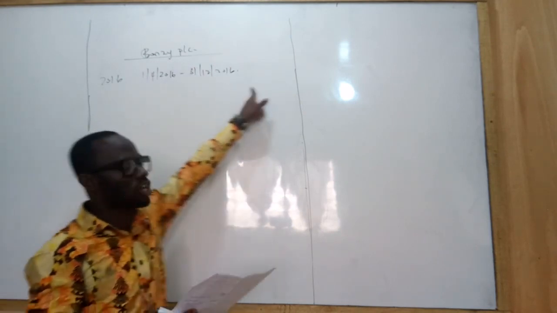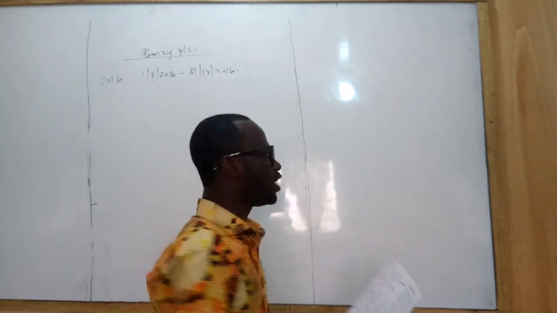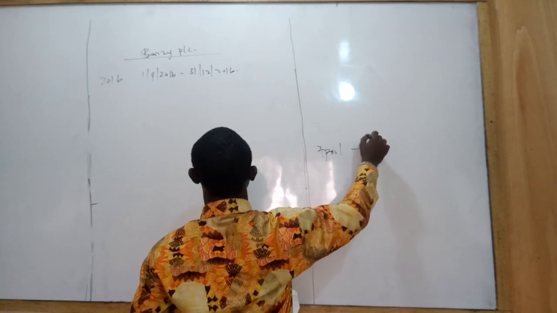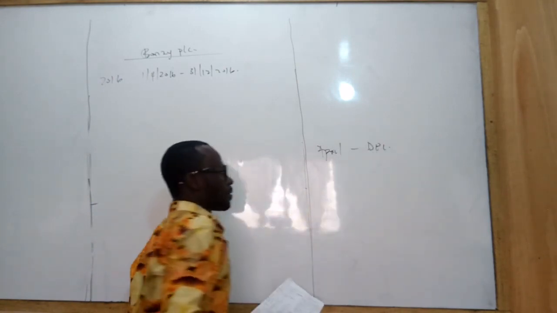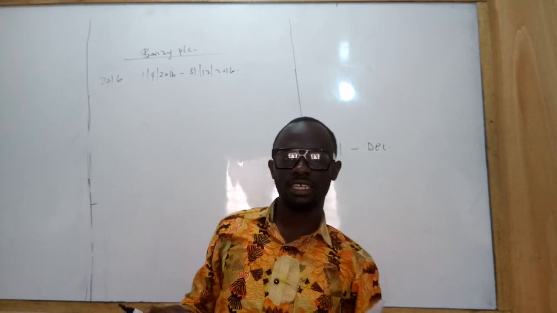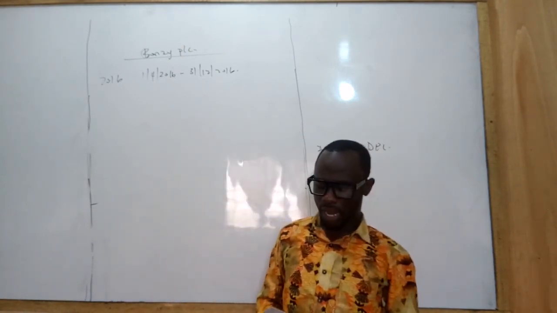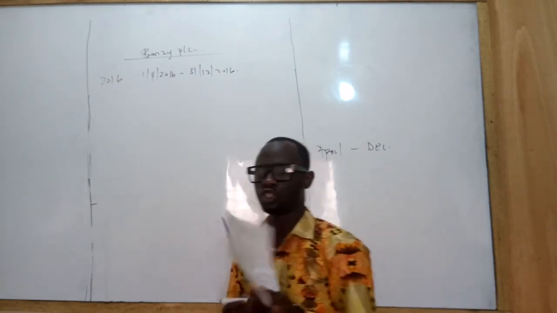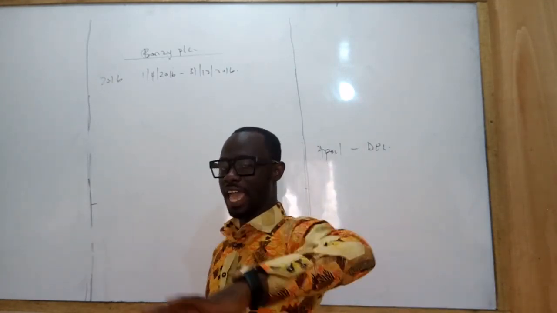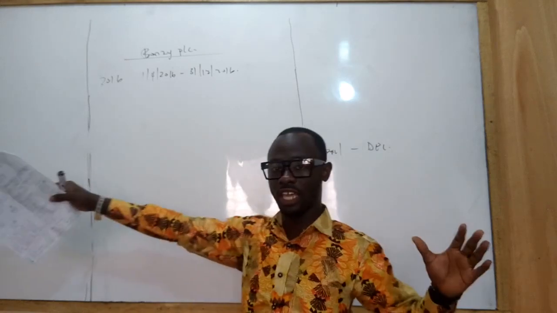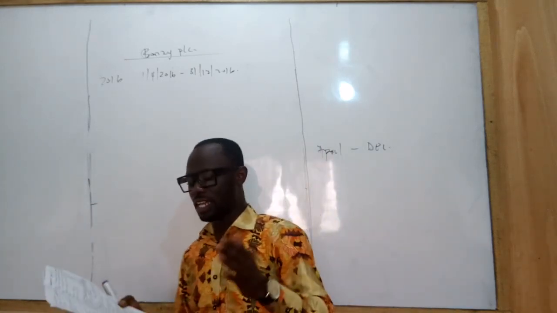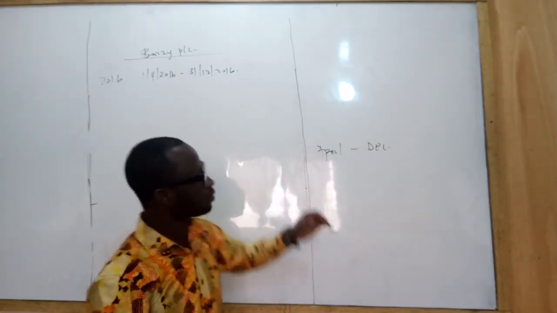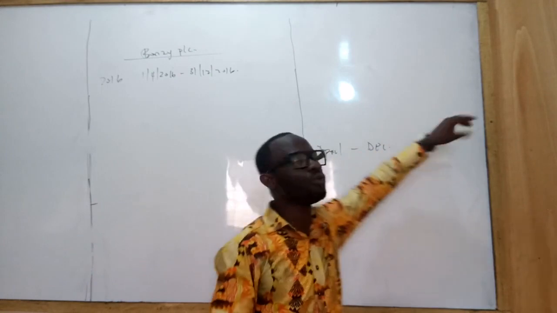A company prepares the account for 31st December every year, so the basis period here is going to be less than what? The year of assessment. The assets were acquired on April 1st. So if that is the case, what do we do?